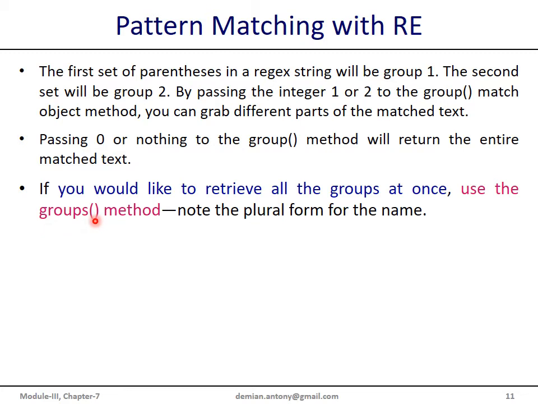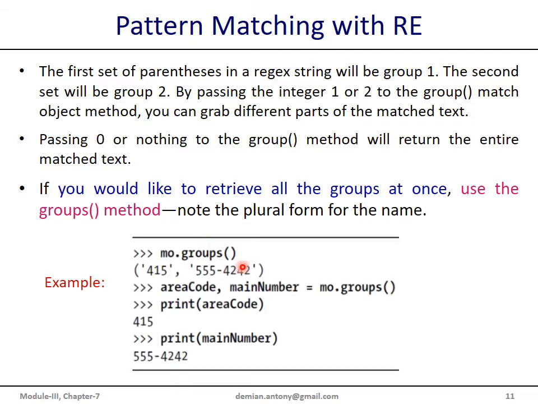With this groups method, you can directly retrieve all the groups present in the matched text. And remember, if you are using the group method, then you need to specify 0 or nothing to retrieve the entire match, and if you use just groups, then it will retrieve all the groups present in a matched text.